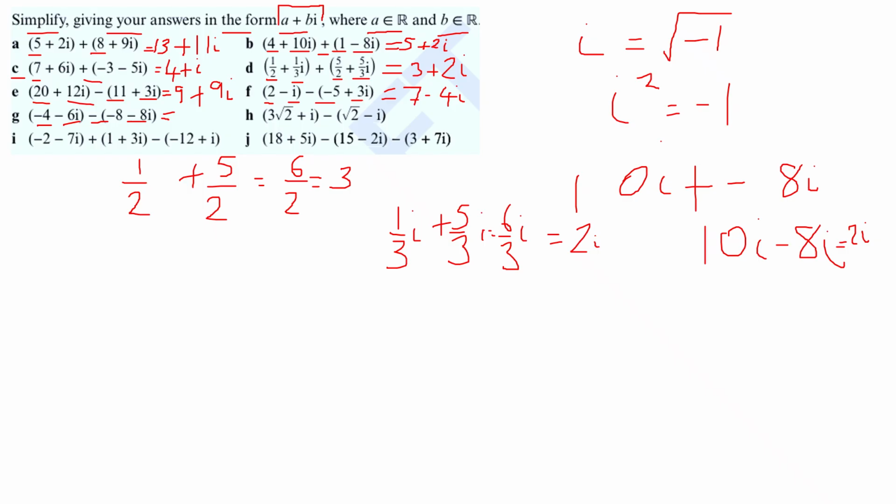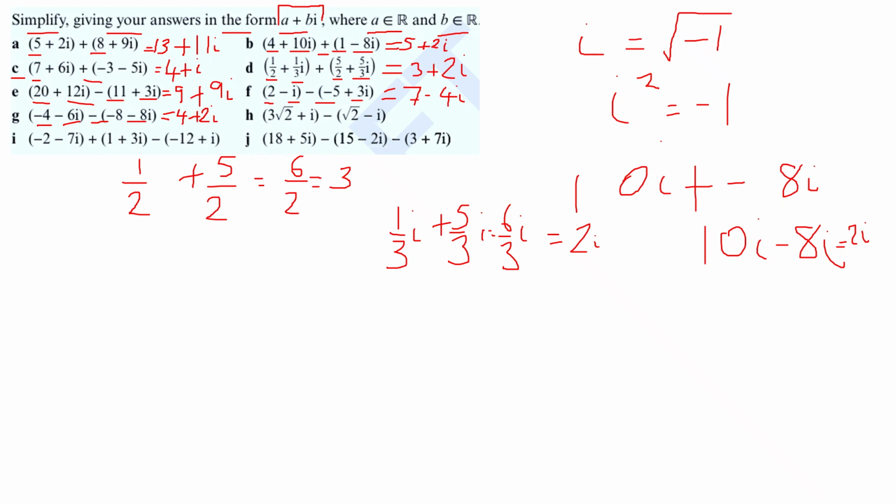So again, collecting the real parts. Minus 4 minus 8 becomes minus 4 plus 8, which is just positive 4. Then I've got minus 6i, subtract negative 8i. So minus 6 plus 8 makes positive 2, and then tag on the i.